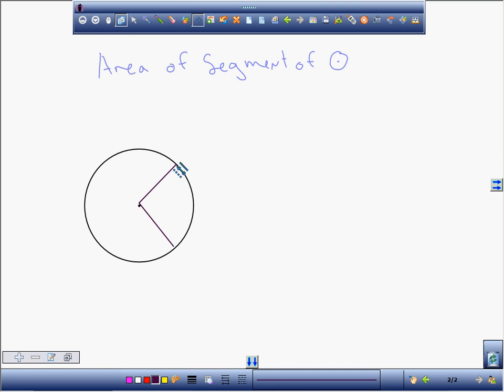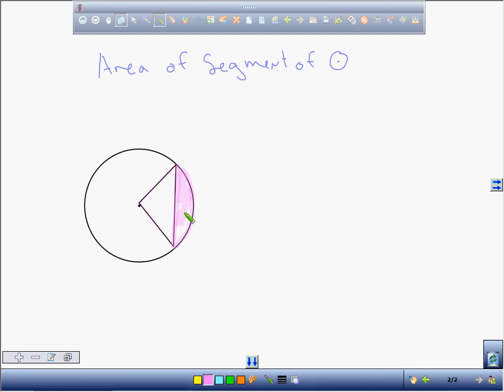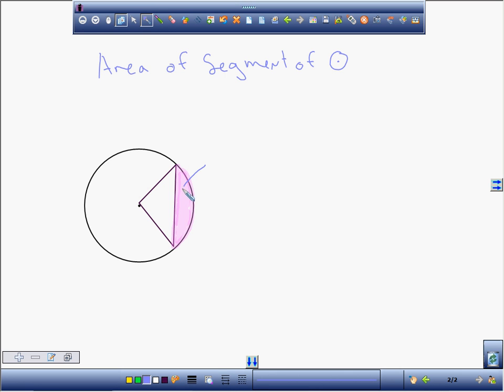And then I'm going to draw from here to here. And this shaded area right here, let's see if I could stay in the lines. This thing here, that shaded region, is called a segment of a circle.